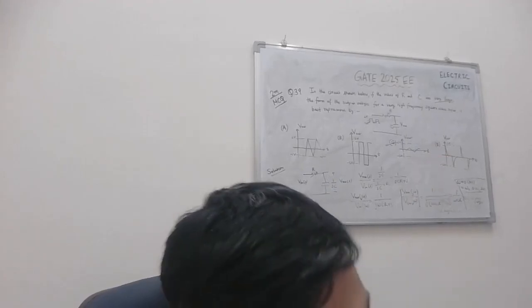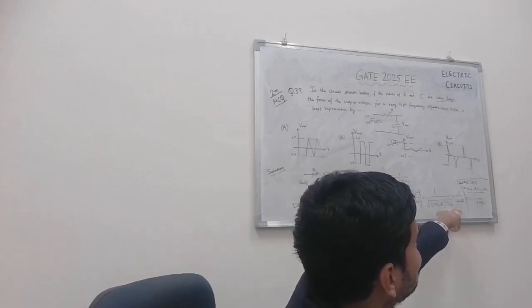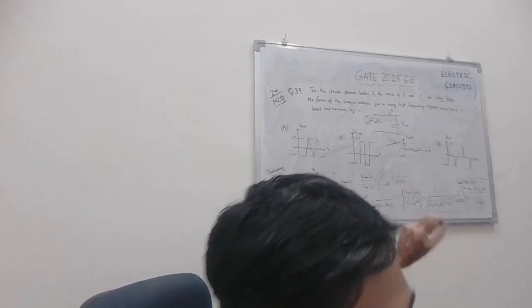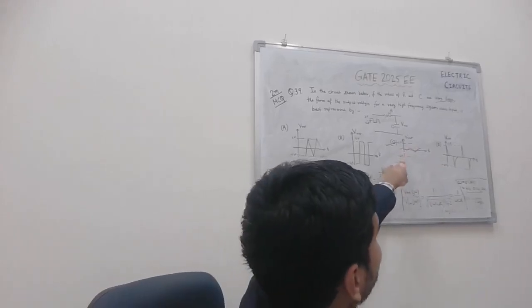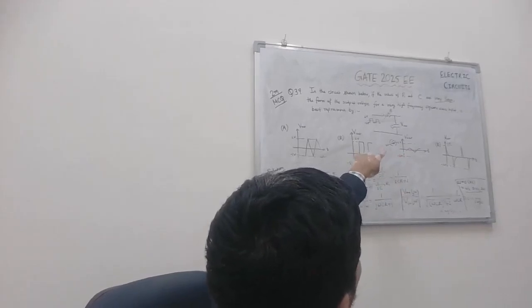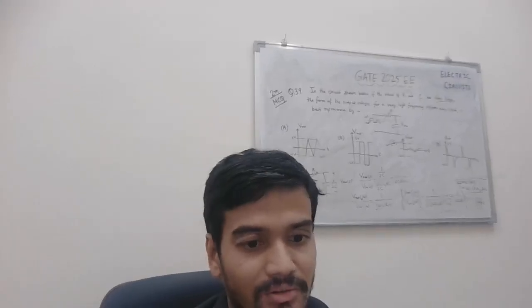The magnitude of the ripple is very small when omega naught RC is very large. Usually the ripple will be negligible. This is the most appropriate output voltage for the given conditions.